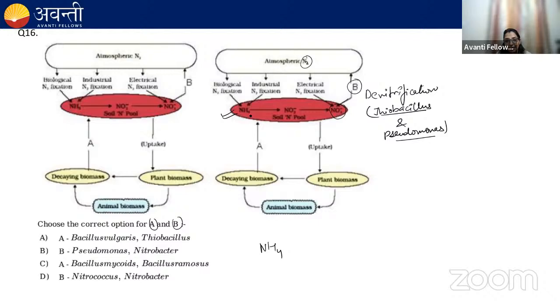In this red colored part, nitrification is shown, where ammonia is first converted to nitrite, and nitrite is converted to nitrate. Here the bacteria involved are Nitrosomonas and Nitrococcus.